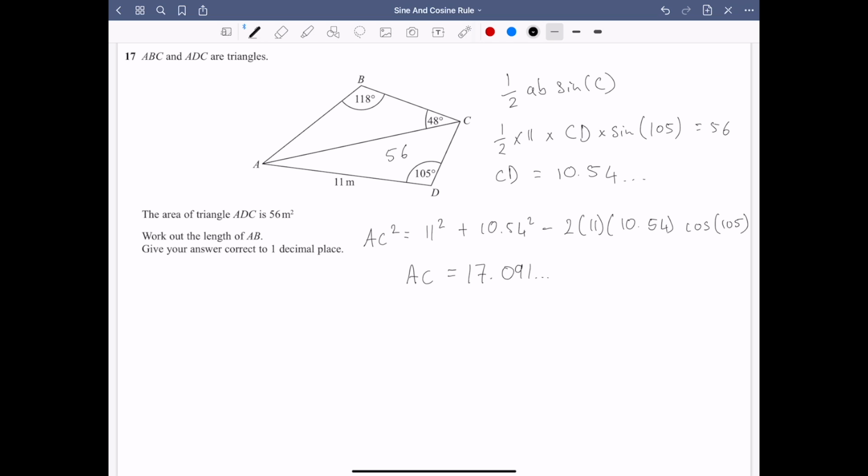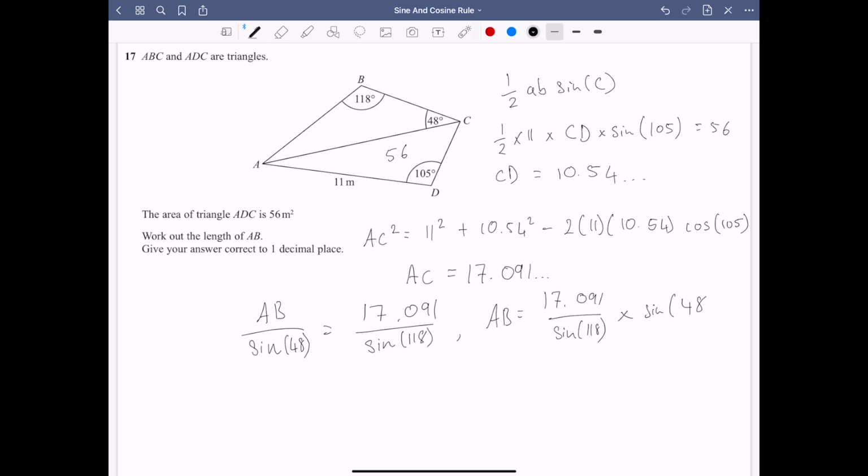So we can just use the sine rule. In this case, AB over sine of 48, because it's the opposite angle, is equal to 17.091 over the sine of its opposite angle, 118, which means that AB is equal to 17.091 over sine of 118 times sine of 48.